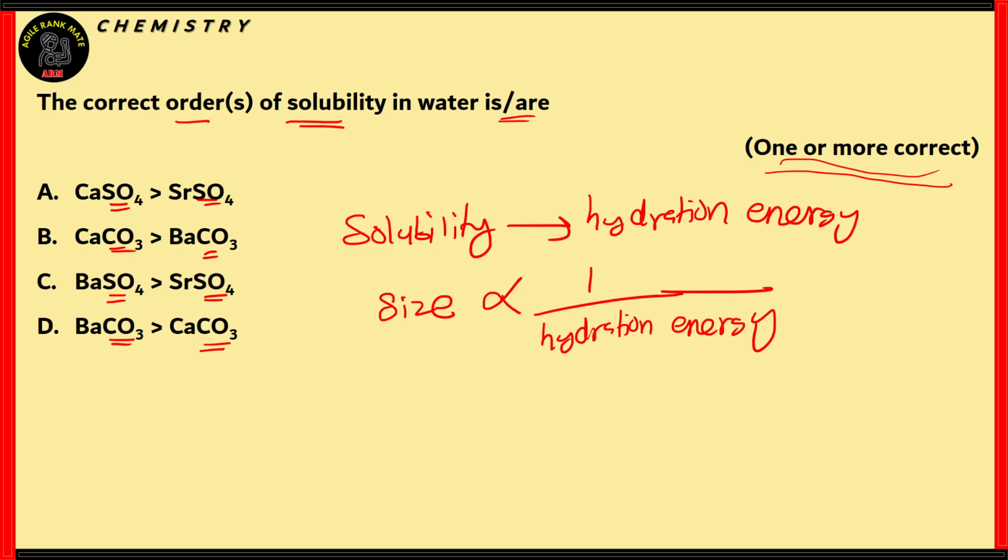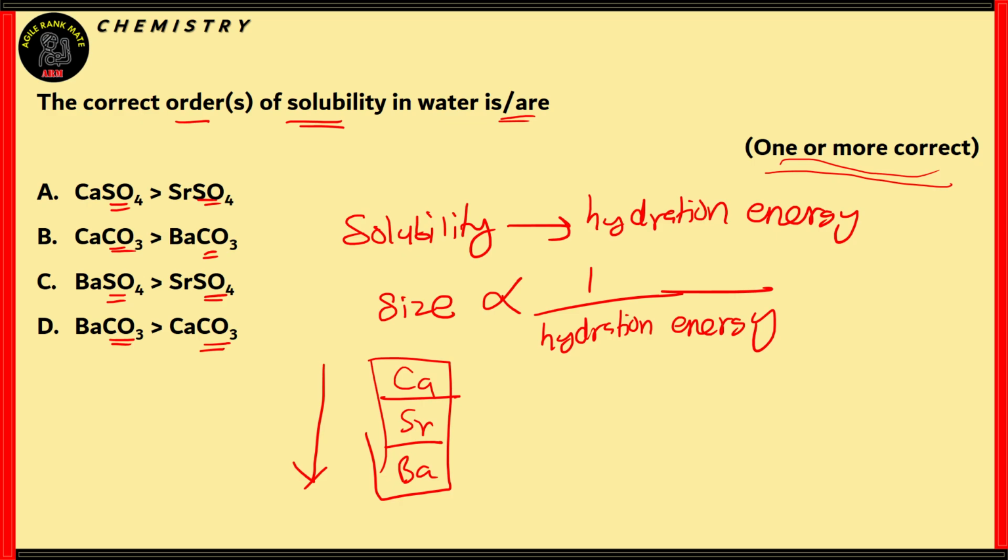We have barium, calcium, strontium. Now we know that in the periodic table, it would look something like calcium, strontium, barium, but that means it's going down the group. We know that down a group the size of the atom increases because n increases and also due to the shielding effect.